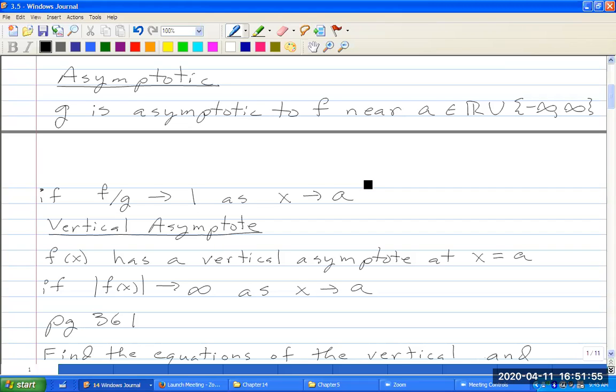Now, we have some special names for things. Actually, a vertical asymptote really is not a function, but for concepts that are similar to what we had for asymptotic behavior. So a vertical asymptote: f of x has a vertical asymptote at x equal a if f of x approaches either plus infinity or minus infinity as x approaches a.